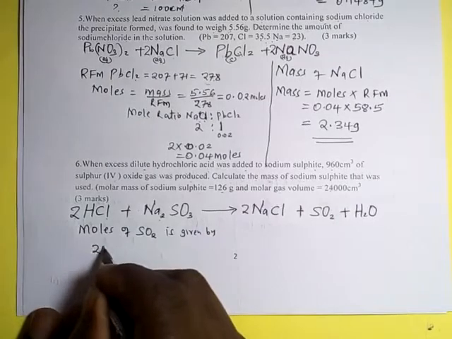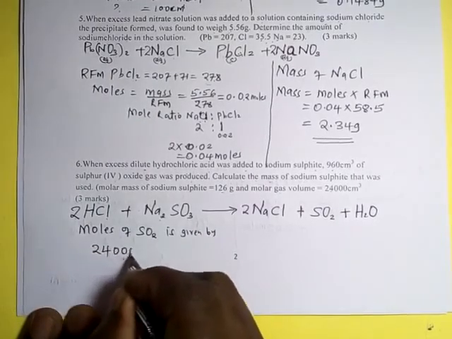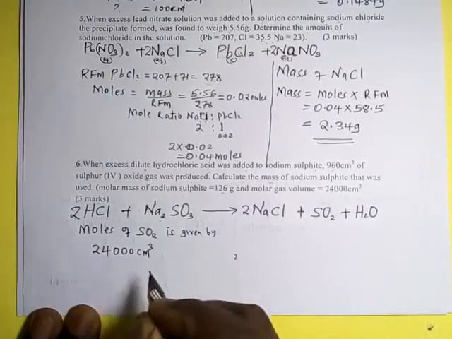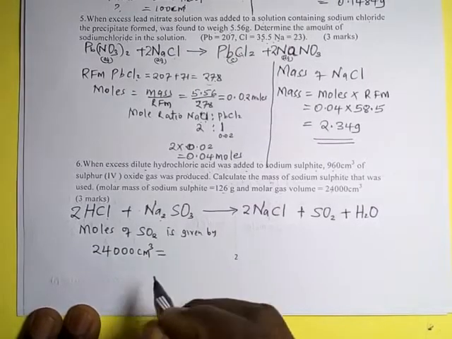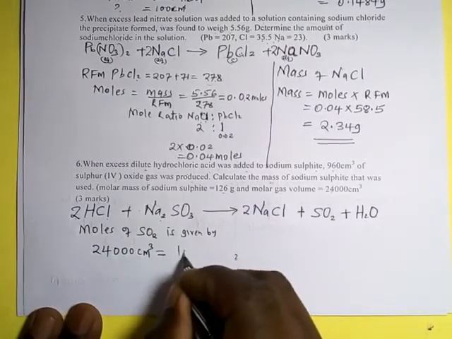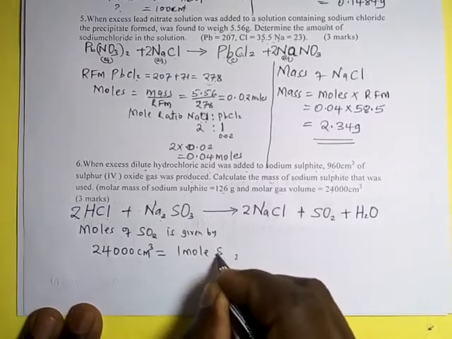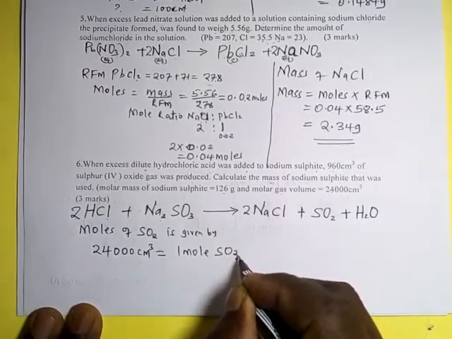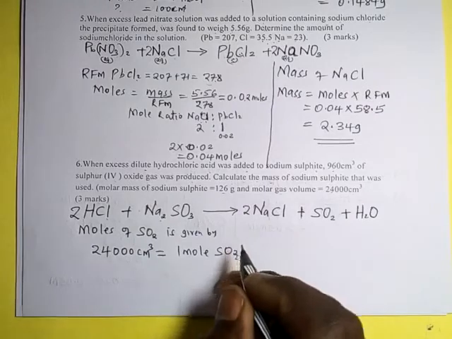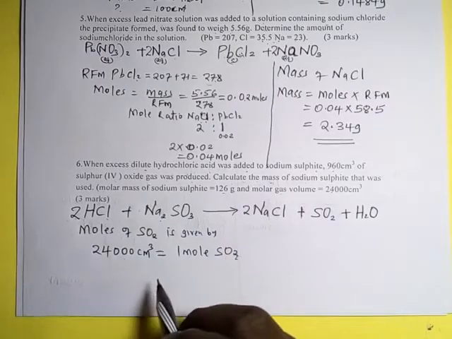We know very well that 24,000 centimeters cube is the volume in 1 mole of sulfur 4 oxide gas. 1 mole of any gas contains this volume.